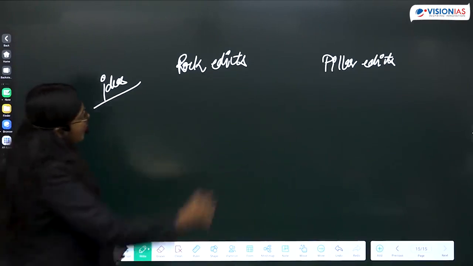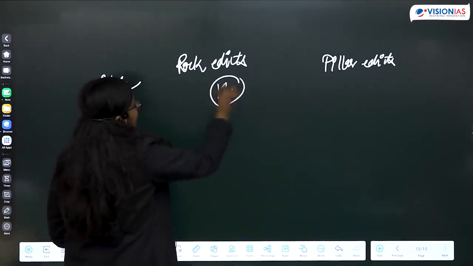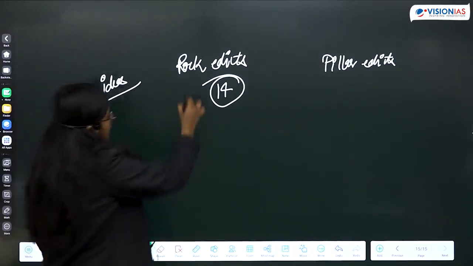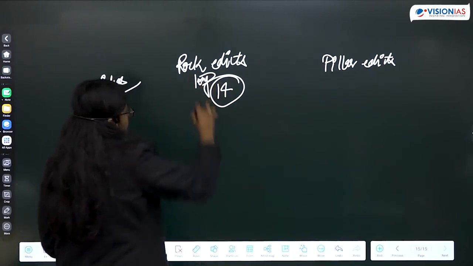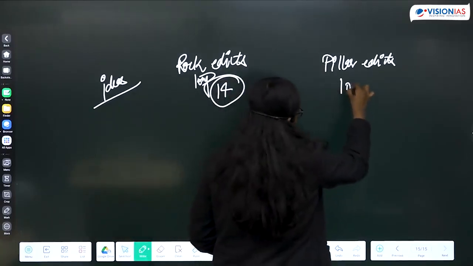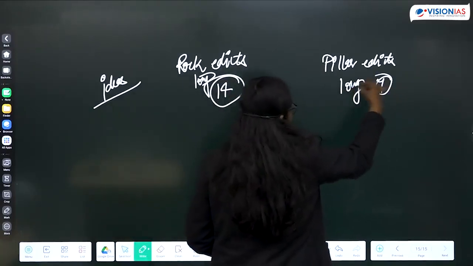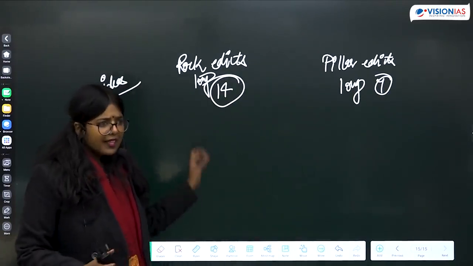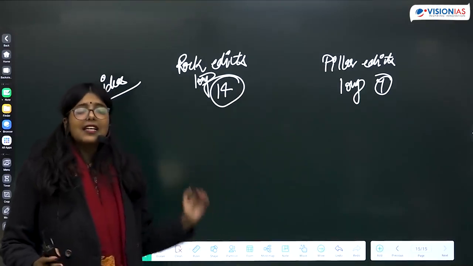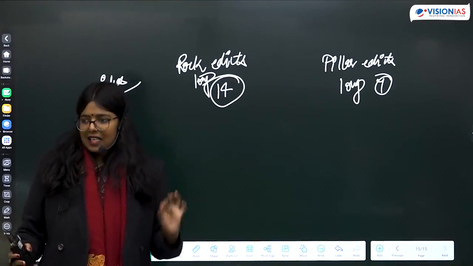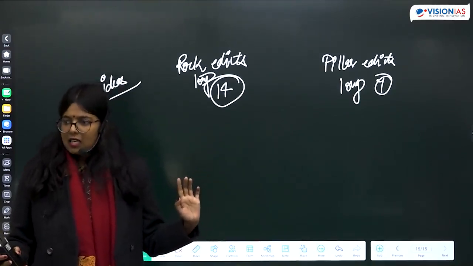When we are talking about rock edicts, they are in a set of 14 inscriptions. These are long ones. When we are talking about his pillar edicts, they are in a set of 7. So 14 and 7, they are in a set, and wherever they are inscribed, they are going to be in a set.